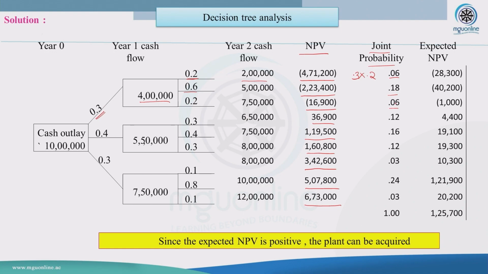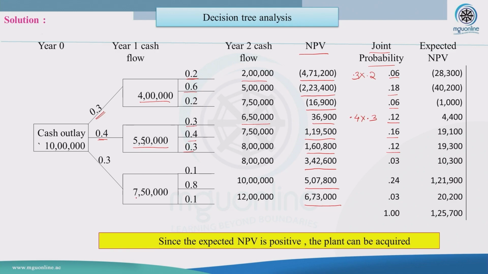And in case of the second chance, the probability of getting rupees 5,50,000 will be 0.4, and the probability of getting 6,50,000 will be 0.3. So, 0.4 into 0.3, 0.12. Then 0.4 into 0.4, 0.16. 0.4 into 0.3, 0.12.